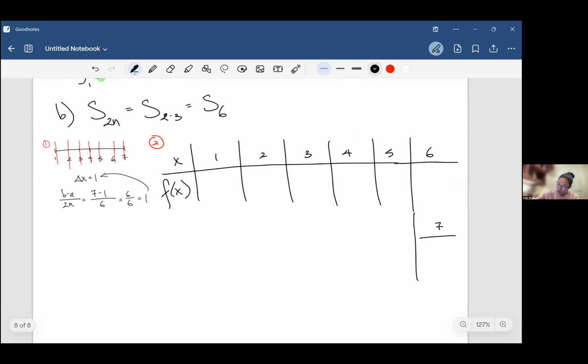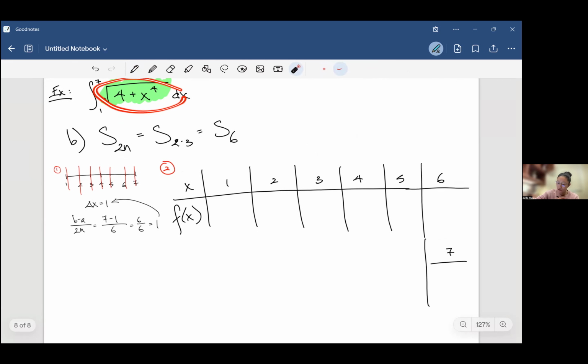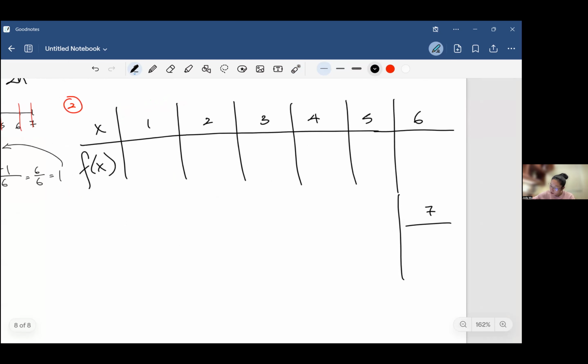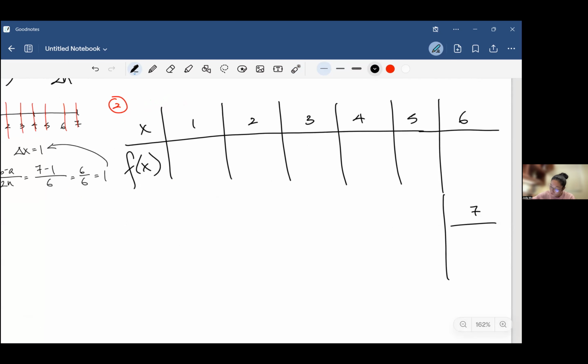All right. We're going to plug all of our x values into our square root of 4 plus x to the 4th. Now, some of these values I have from my previous problem, right? So I know that for 7, the y value is 49.0408.